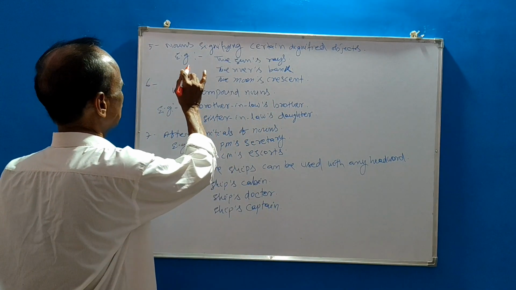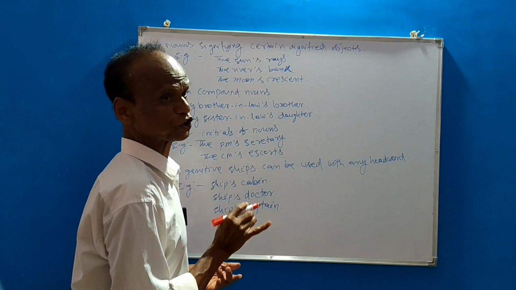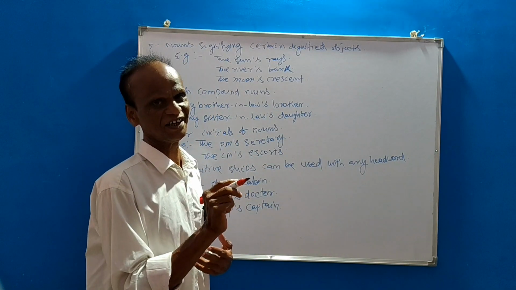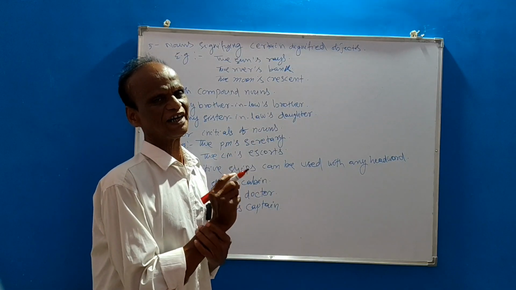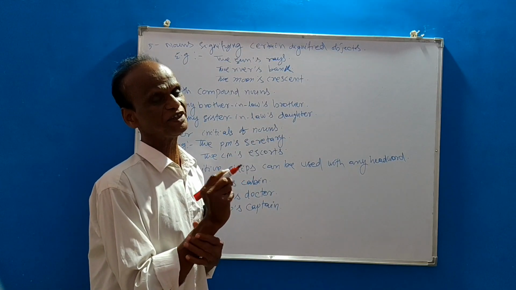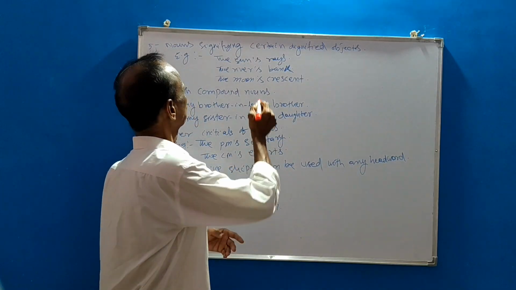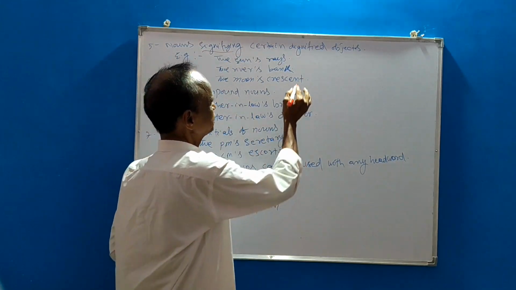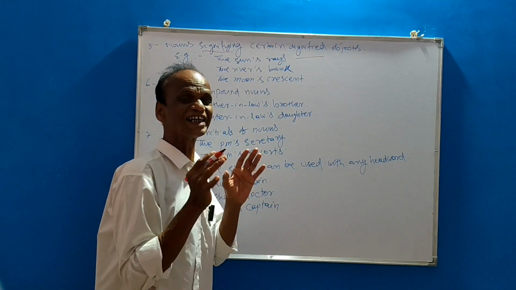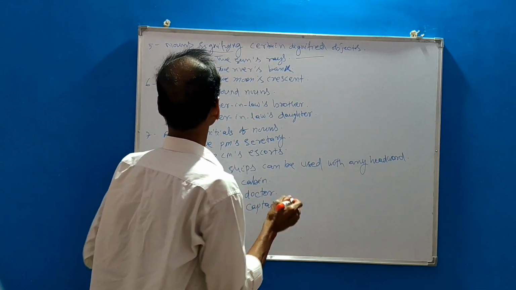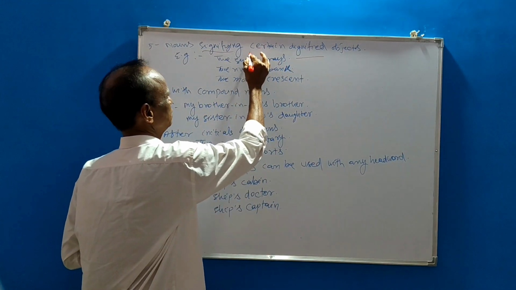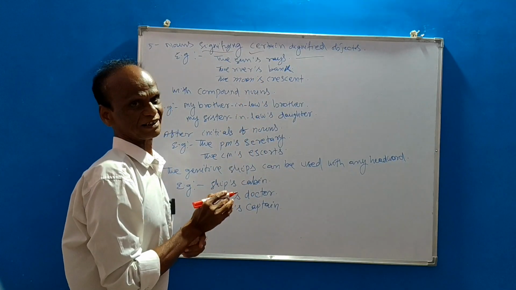Point 5. Nouns signifying shorter, dignified objects. At that time, S genitive form is used. What is signifying? To be important. What is dignified? Showing dignity. The sun's rays. The river's bend.